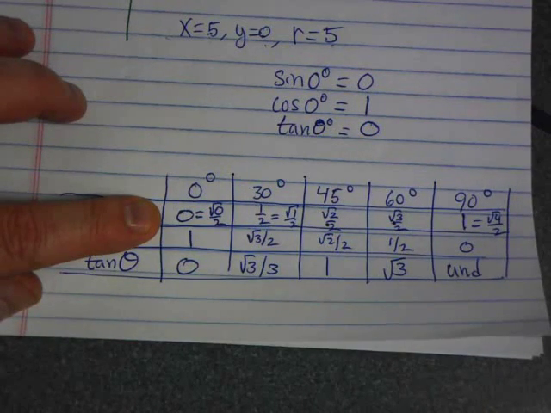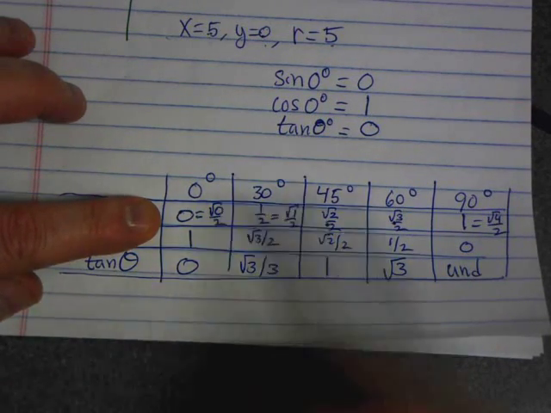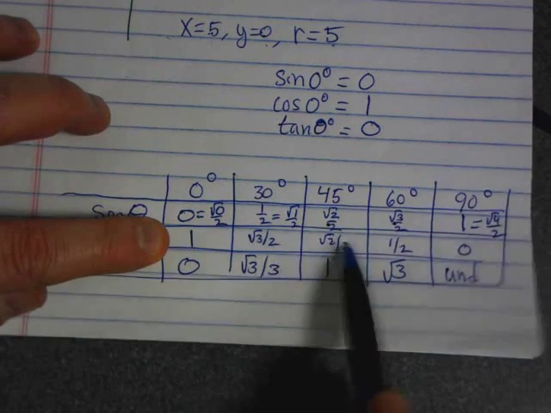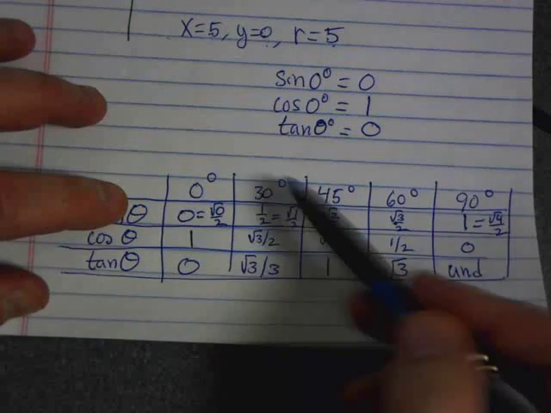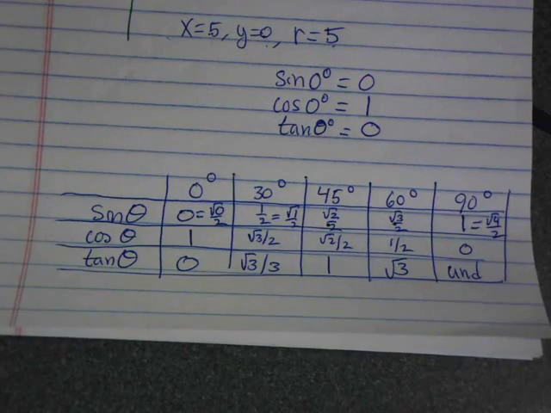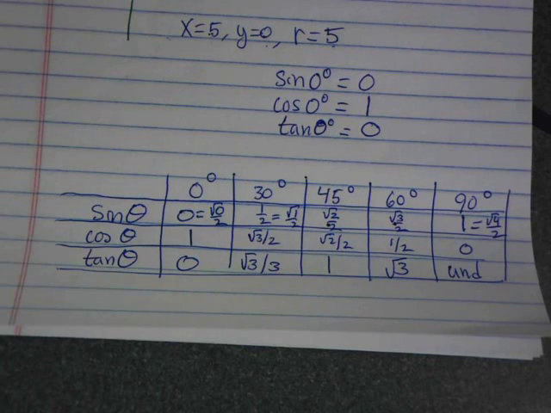Can everybody go 0, 1, 2, 3, 4? That gives you sine. Once you have sine, you write them in the opposite direction. That gives you cosine. And then once you have both of those, you can simply divide. So again, something you need to go home and memorize. You should know that by Friday. See you Friday.